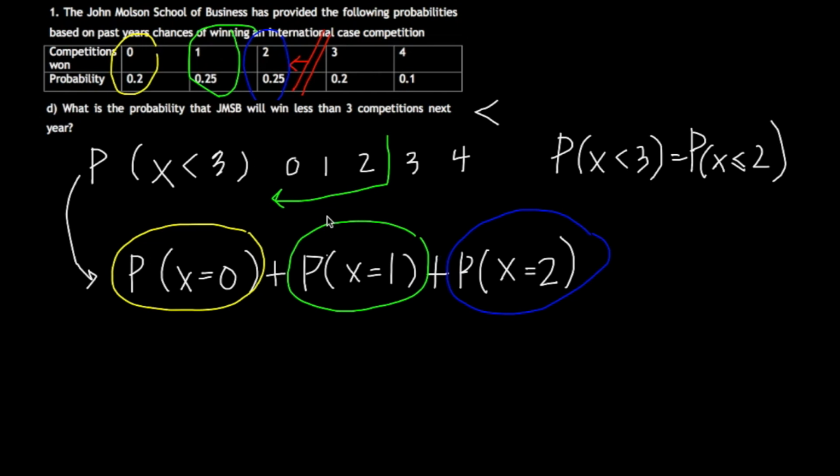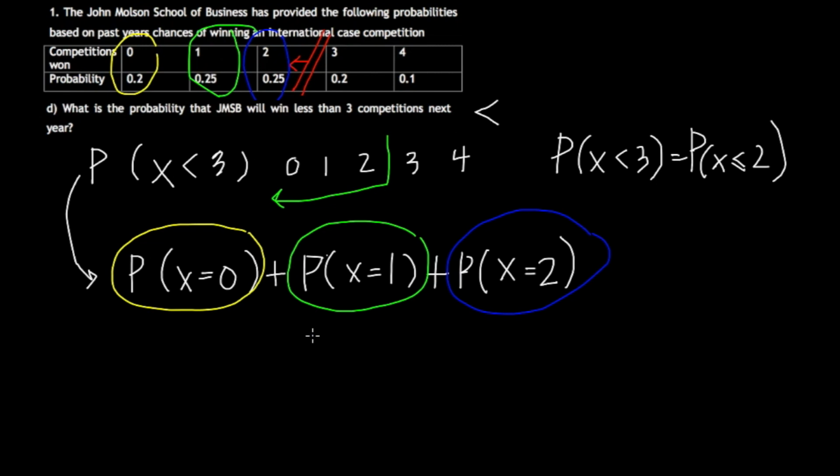Okay, so the probability of the 0, the 1, and the 2, and not the 3. So the probability of JMSB winning less than 3 competitions is the probability that they could win 1, that they could win 0, that they could win 2, but not 3 and not 4, right? So once again, it's the probability that JMSB could win 0 competitions, or 1, or 2, okay? Now, if you remember from the previous chapter, the OR is the union, so we're adding them up, and there's nothing to remove because there's no intersection.